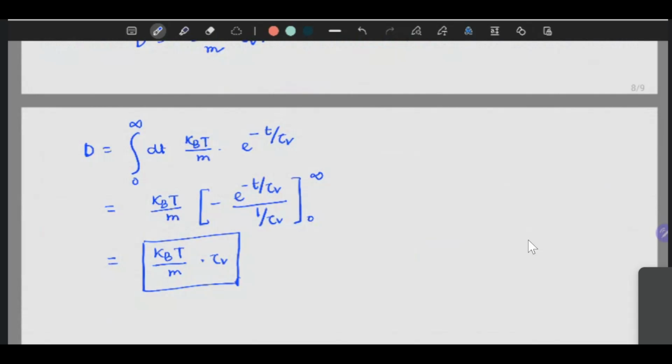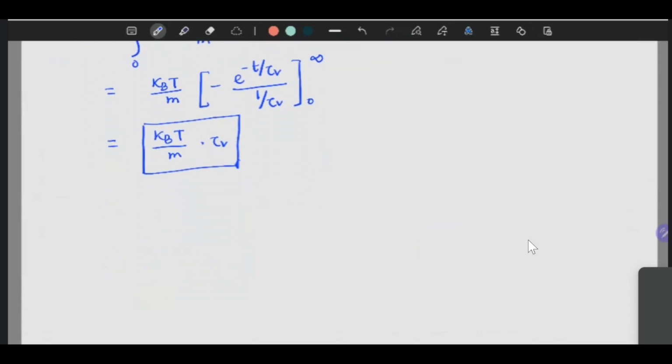Okay, so now if you do this, then you can easily write D equal to kBT by m times tau v, and tau v is m by gamma.